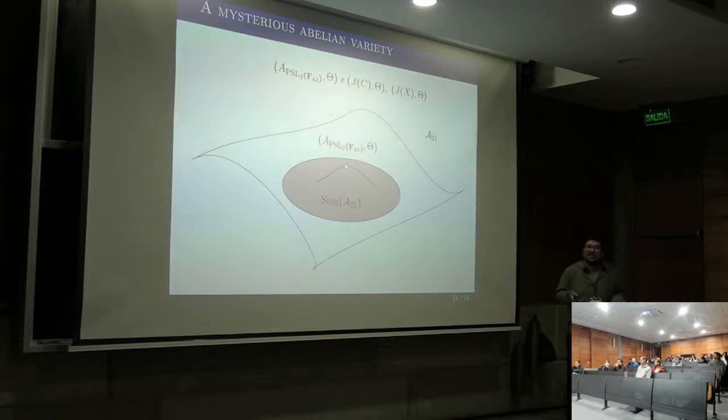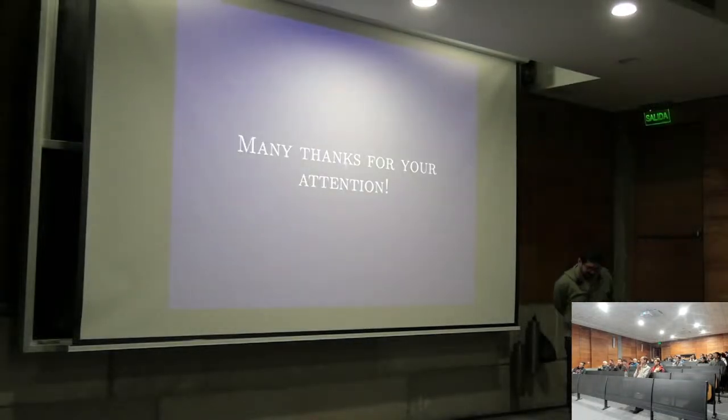So a very natural question is: is there a modular interpretation of this abelian variety? Is it the Jacobian, or the Prym variety, or whatever, of something? I don't know, but I think it's a nice and interesting question in this setting. So thank you very much for your attention.